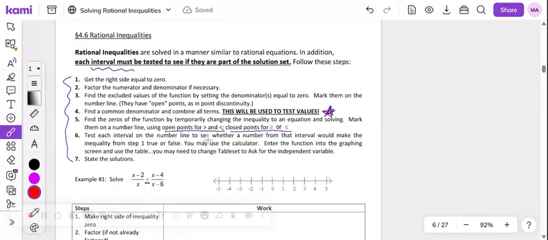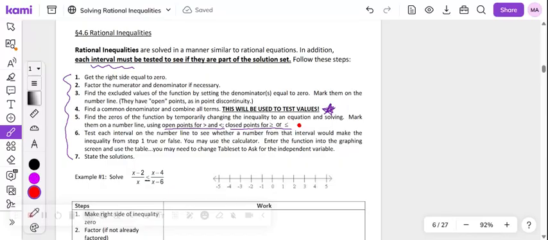If our symbol is greater than or less than, that would also give us open circles on our number line when we look at our numerator. And as in this case, we have a less than or equal to symbol, that would result in a closed circle on our number line because we can have 0 in our numerator. We simply can't have it in our denominator.